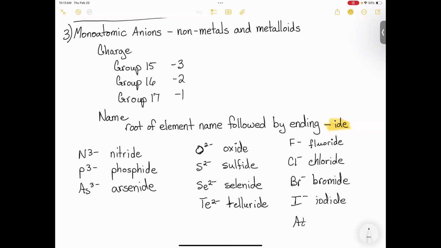And At- is astatide. So again, the -ide is important. -ide is indicative of the anion of an element with very few exceptions.